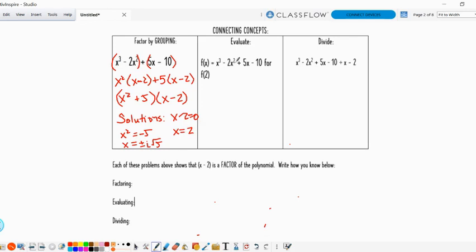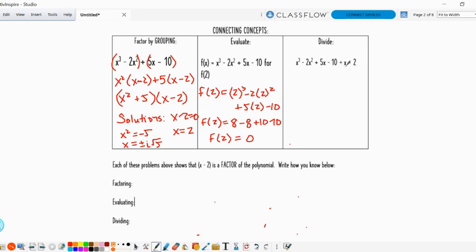When we go up to our same function, written in function notation, and actually plug 2 into the equation, we get 8 minus 8 plus 10 minus 10. And that means when we plug in the value of 2, we get 0.